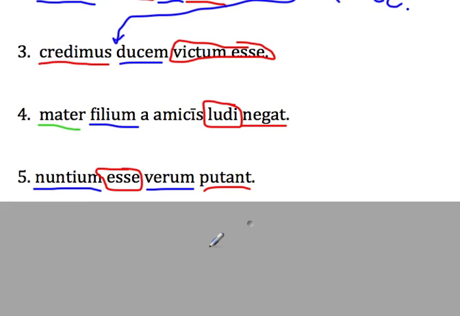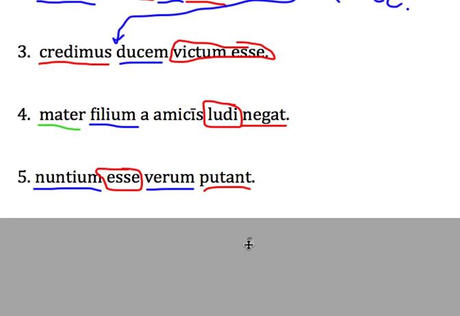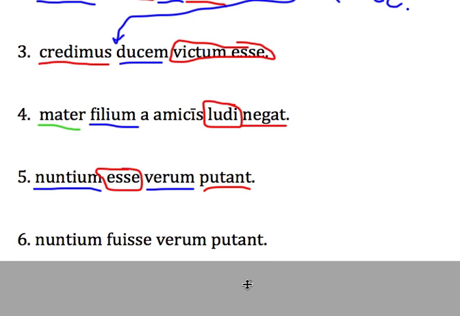All right, now let me show you how this gets a little bit complicated and then I'll call it a lesson. Number 6, we have almost the exact same sentence. You have putant, you have fuisse as your infinitive, that's a perfect active infinitive, and you have nuntium and verum. Basically the same sentence as number 5.